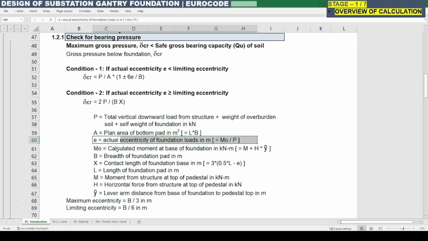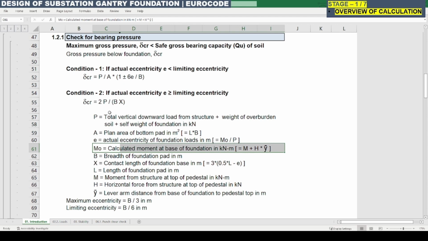So eccentricity we already saw. So this is the actual calculated moment. So this moment M is the moment at the top of the foundation which comes from the structure plus horizontal force H from the structure multiplied by Y bar. Y bar is nothing but the lever arm distance from the top of the foundation to the bottom of the foundation. So that distance we need to consider in order to find out the moment at the base of the foundation.